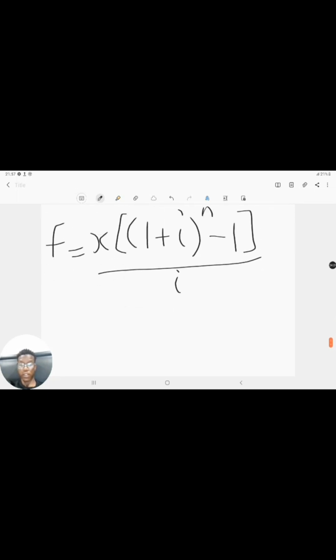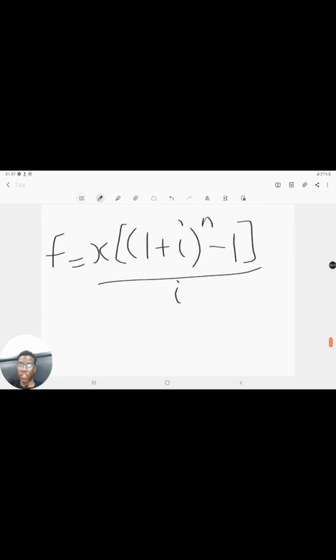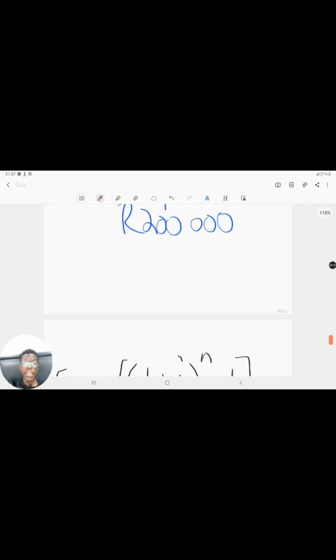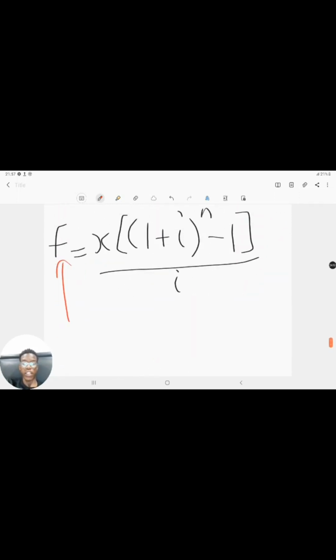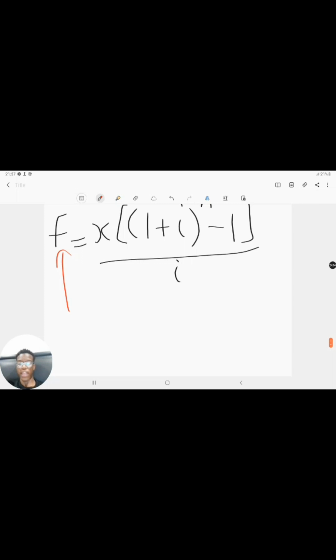This is the equation for your future value, and you just substitute. What do you have here? Well, you've got F. F is the value that you just calculated now. F is the money that you need to save up. This is the future value that you would like to have, so that you can use it to buy the new tractor when you add it to the 200,000 that you're going to get from selling your tractor. So that we have already.